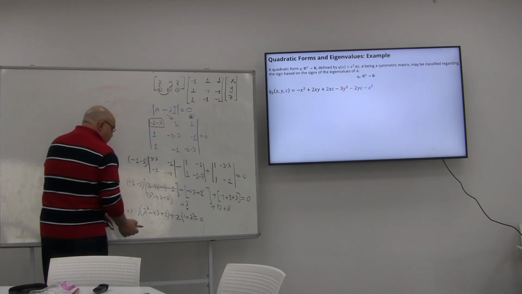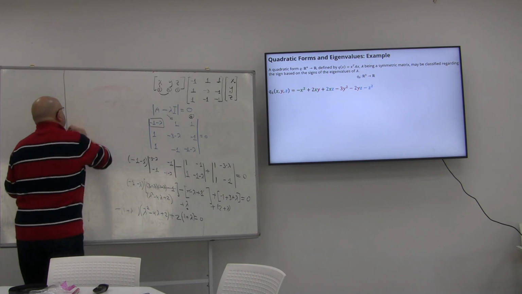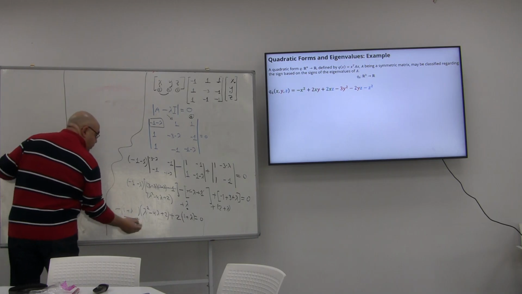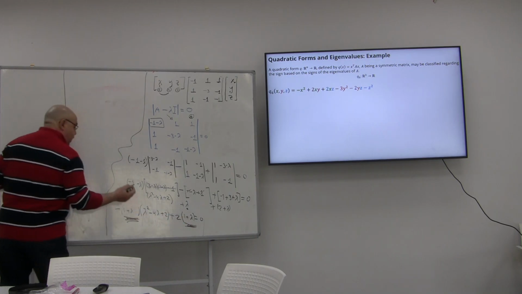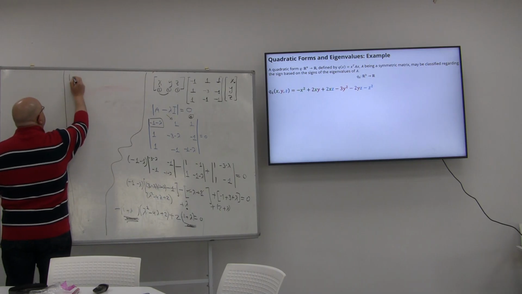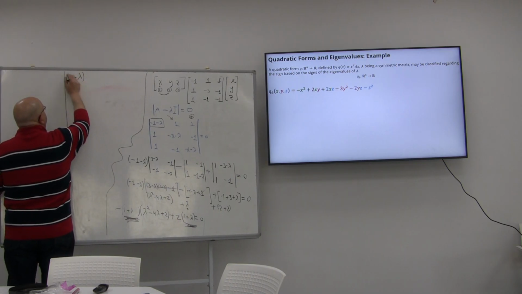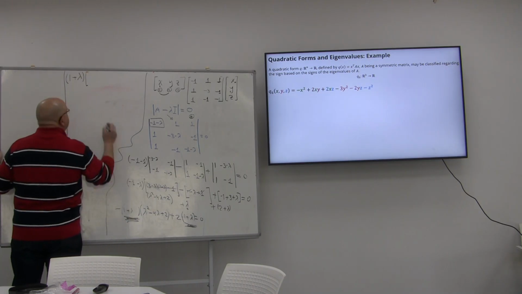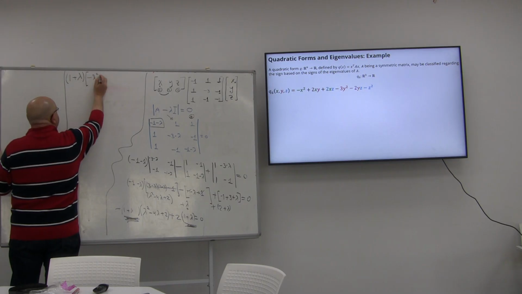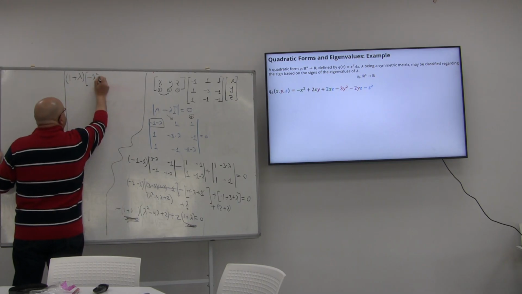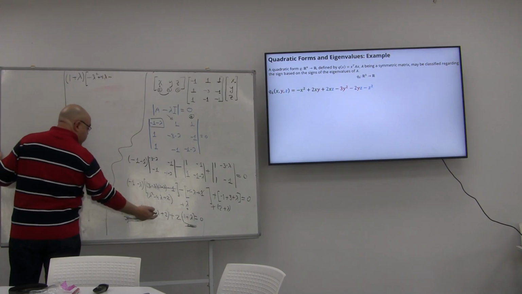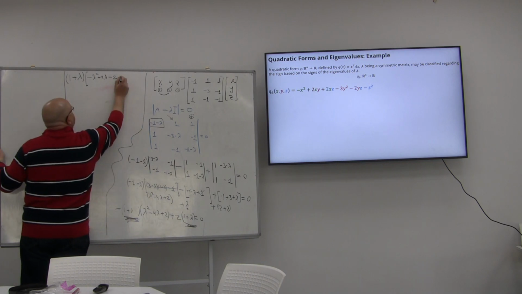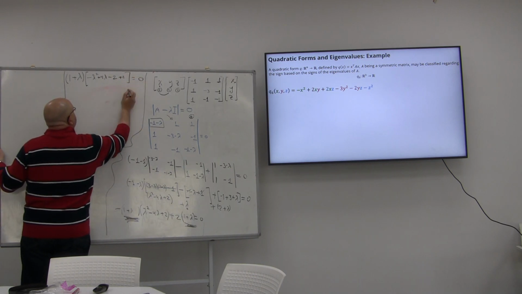If we take 1 plus lambda as a common from these two parts, I think I will have 1 plus lambda as a common. Open your bracket, you will have negative of this value, which is going to come up to negative lambda squared, then plus 4 over lambda minus 2. Then from this term, you will have positive 2, and it's equal to 0.